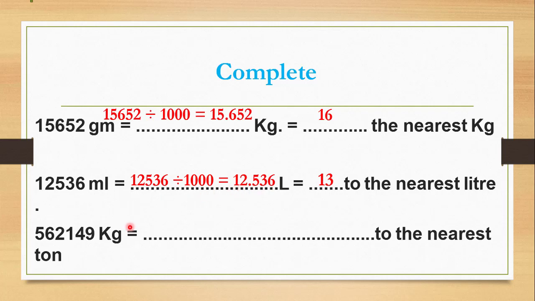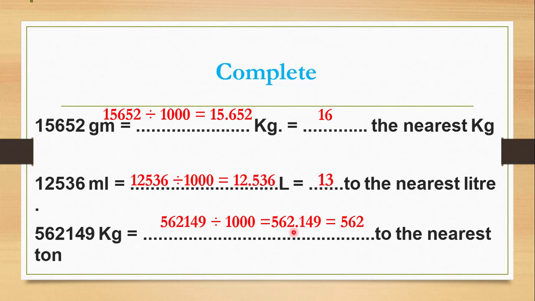Okay, here from kilogram to ton. To the nearest ton. So I'll convert it into ton at first by dividing by 1000. Then here we have 562.149. I want to approximate it to the nearest ton, or to the nearest whole number, or to the nearest unit. Here we have 2 and to the right we have 1, less than 5.